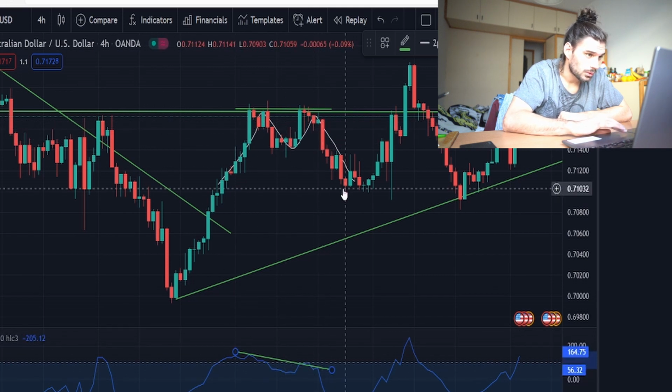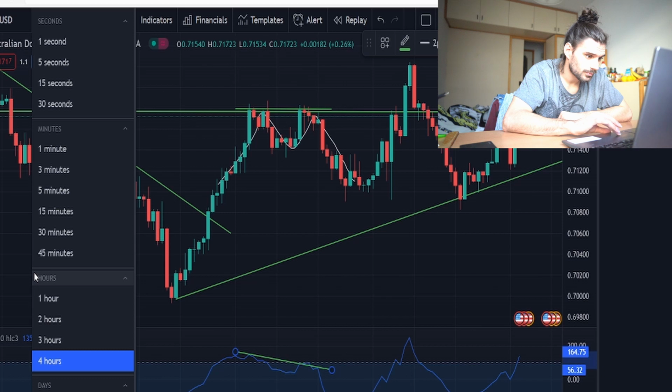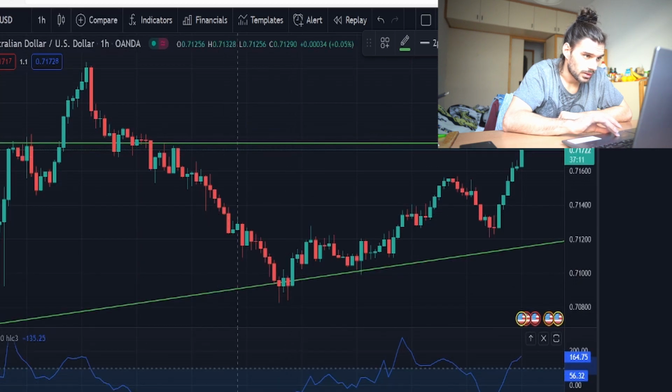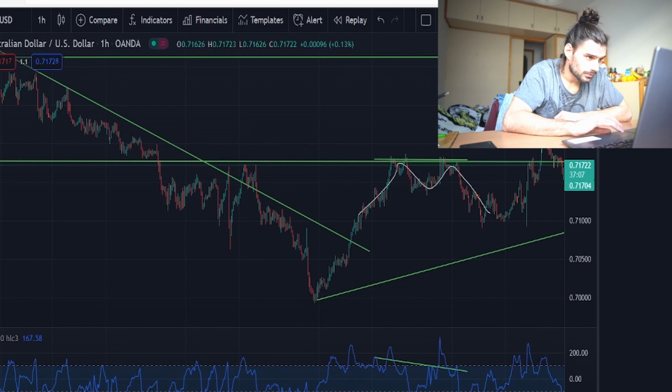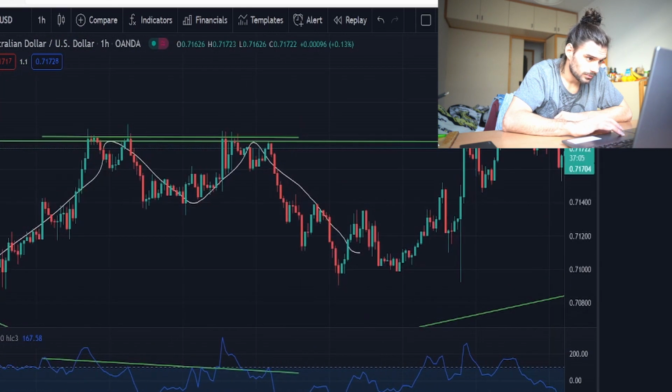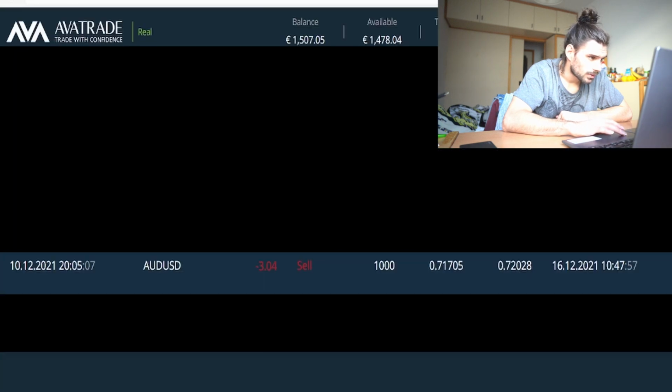So if you go down to the 1-hour chart and take a look at the trade here, my entry was around here. So it was at around 20 o'clock, 8 p.m. I entered at 71705.